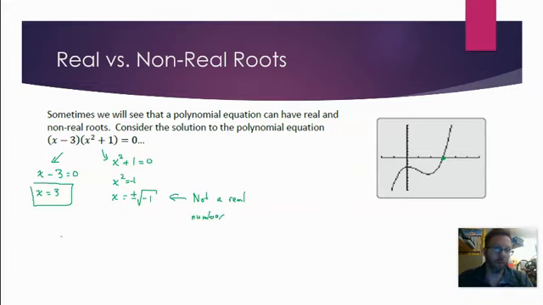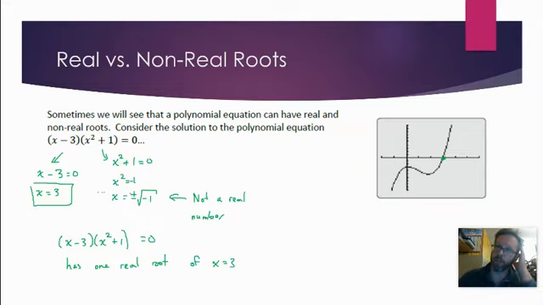And so what we've seen here in this particular example is that x minus 3 times x squared plus 1 equals 0 just has one real root, x equals 3. And this is consistent with earlier learning, right?